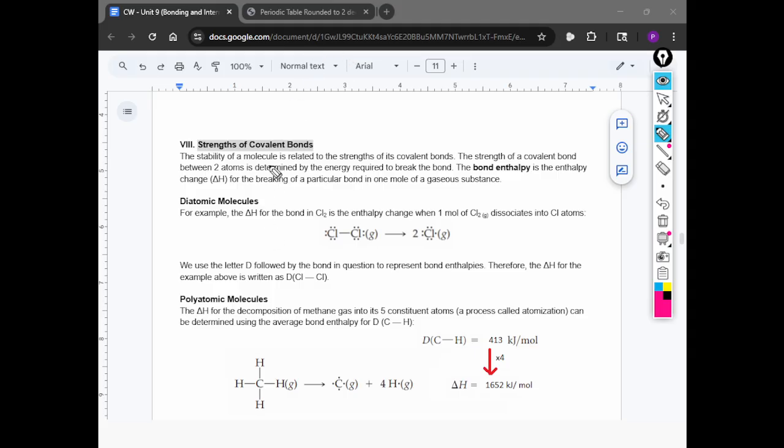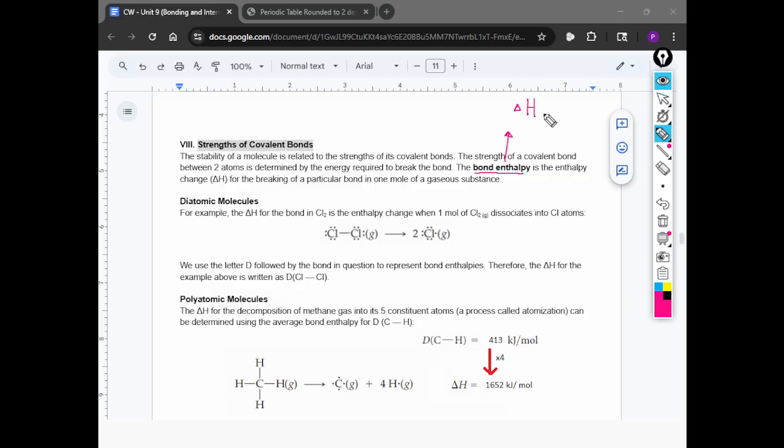So we talked about how when these elements form bonds with each other, the energy is stored in those bonds, right? Now, based on the strength of the covalent bond, it talks about the stability of the molecule. And what we're going to talk about now is something called the bond enthalpy. Okay, so if you remember enthalpy, the variable that we use is delta H. So we're going back to enthalpy.